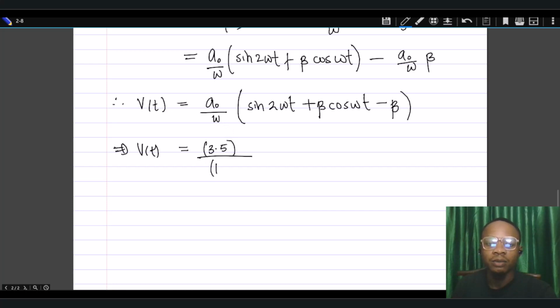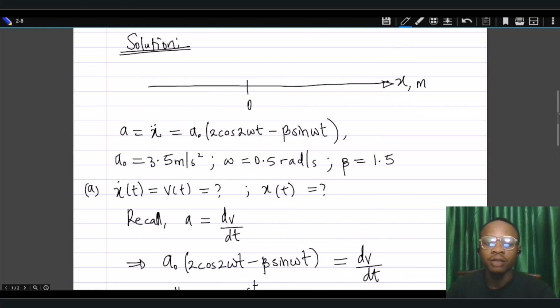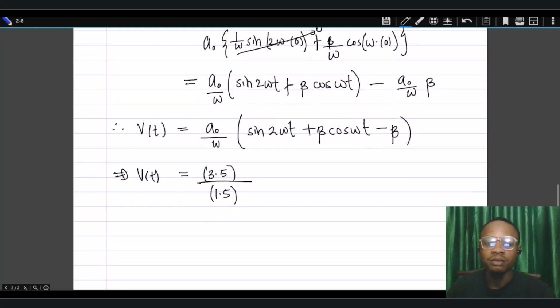Omega is in rad per second. Rad is dimensionless, so omega is 0.5. Sorry, this is 0.5 rad per second. So let's correct that. This is 0.5.